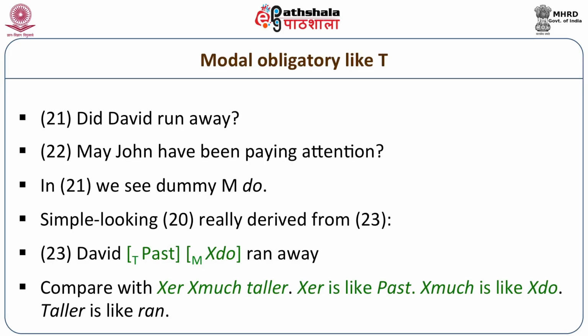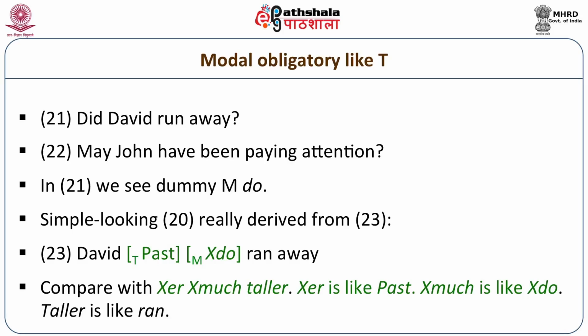The difficulty with saying that is that you don't have a good account of the question variety in which John may have been paying attention comes out as may John have been paying attention, which exports may to the front of the clause, and where David ran away comes out as did David run away, where run loses the tense element and what goes to the front of the clause is did.